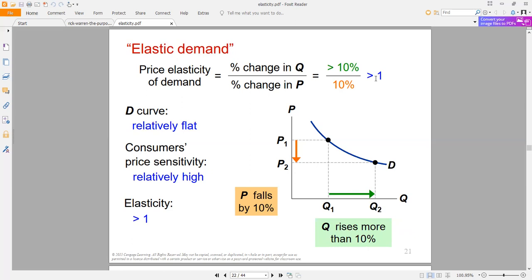If you look at the curve, you see that it is becoming flatter, because the percentage change in quantity is greater than that of the change in price. So the demand curve is relatively flat, and consumers' price sensitivity is relatively high. They are very responsive to changes in price, and the elasticity coefficient is greater than 1.